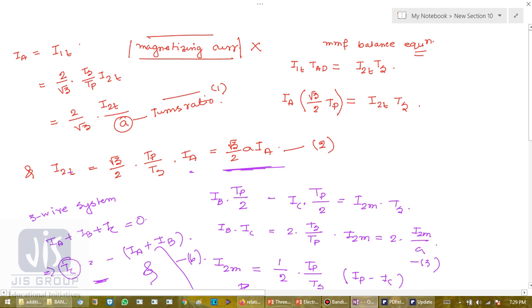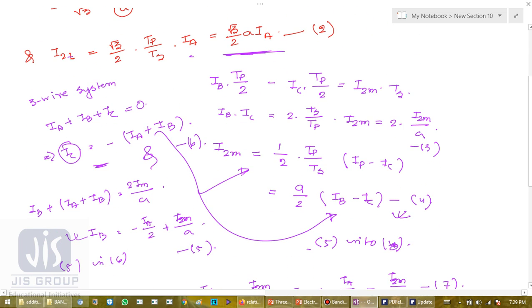And equation number this, it is I2M equals to A by 2 IB minus IC, can be solved for 2-phase current. That means we will get the value of I2M, I2T. So this is for 2-phase current when the 3-phase currents are known.